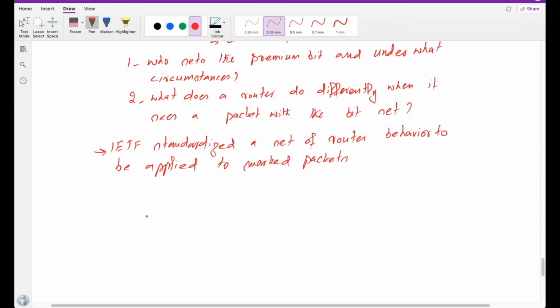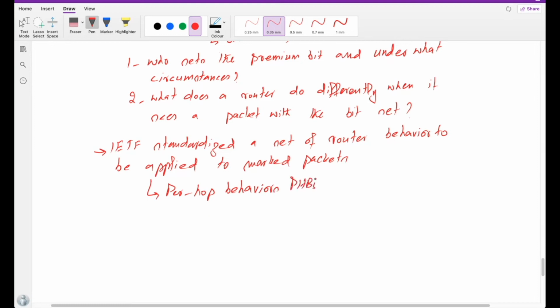These behaviors are called per hop behaviors.